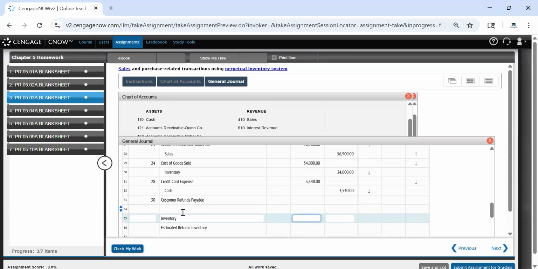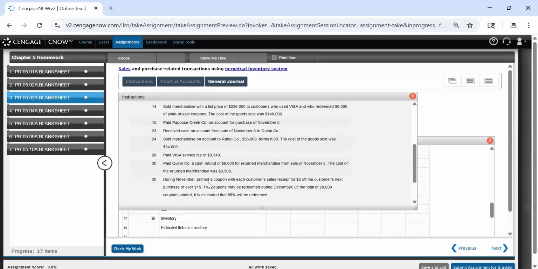And so for the amount returned, we paid a cash refund, and the amount of cash refunded was $6,000, and the amount of merchandise returned was 3,300.